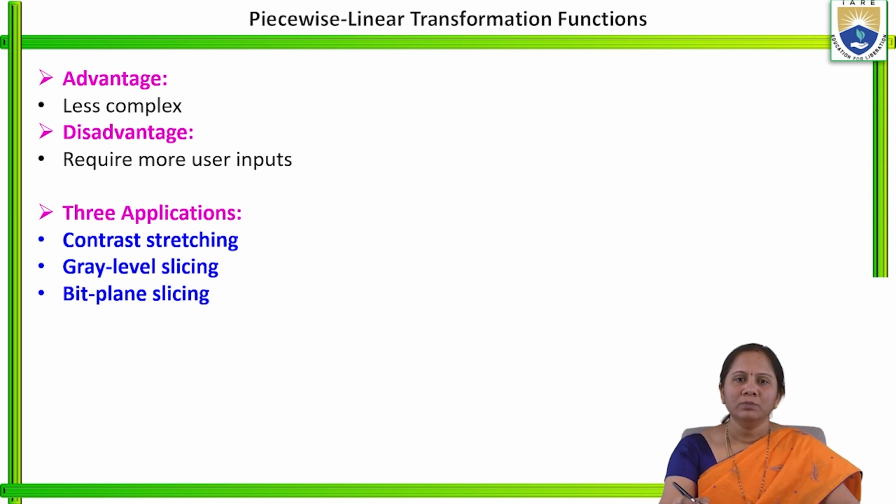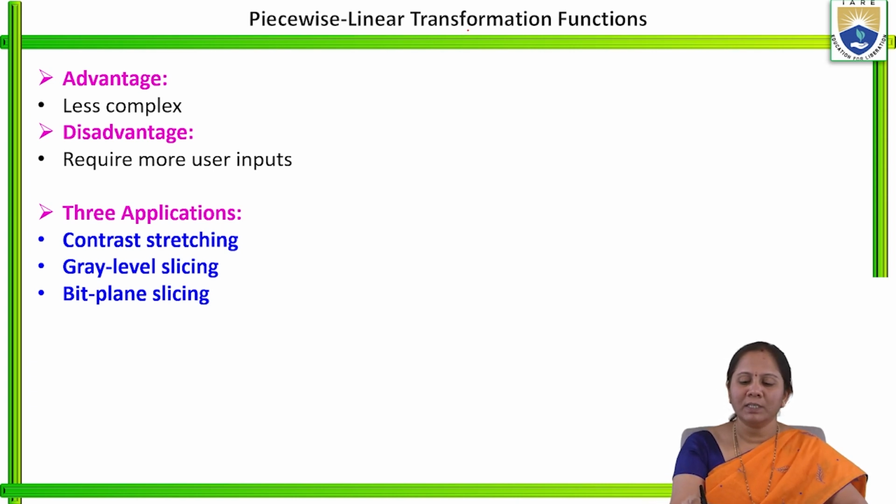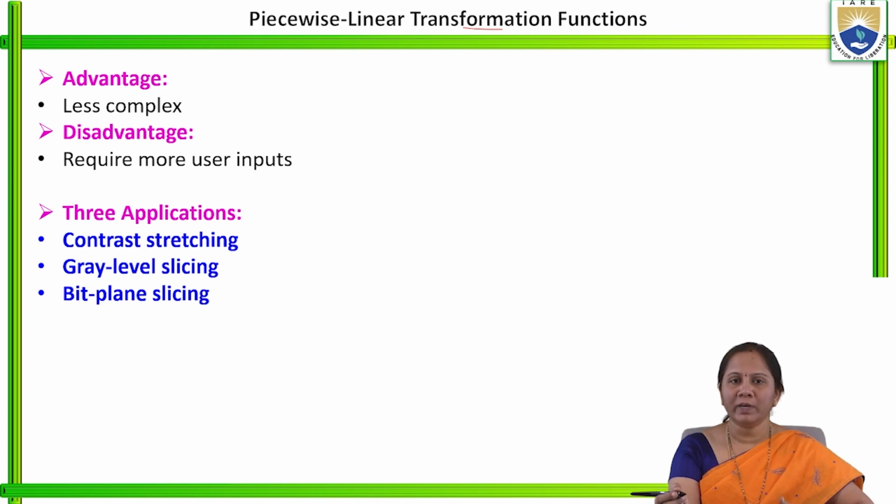Coming to this piecewise linear transformation function. Before this, we have seen four different types of intensity transformation functions: point transformation, linear transformation, log transformation, and power law transformation. Those come under intensity transformation functions.